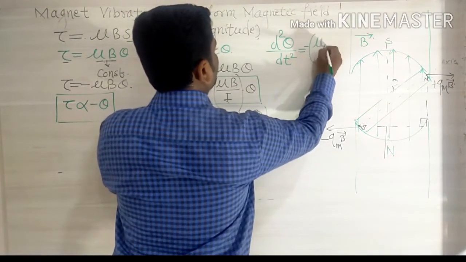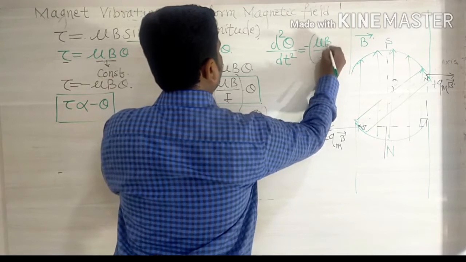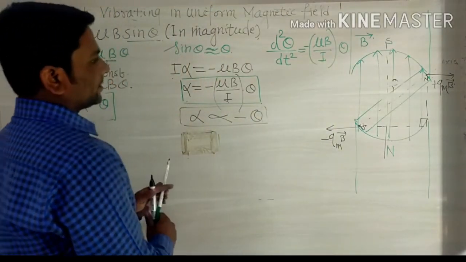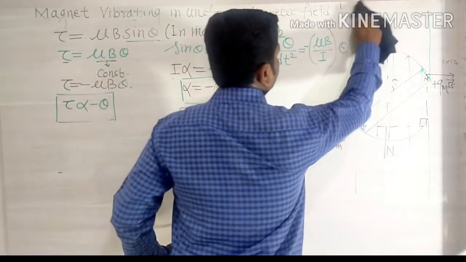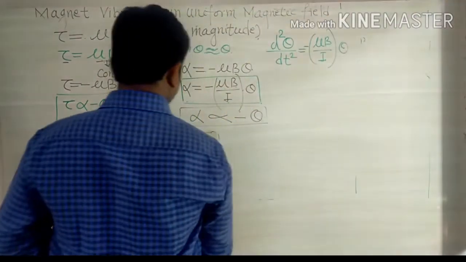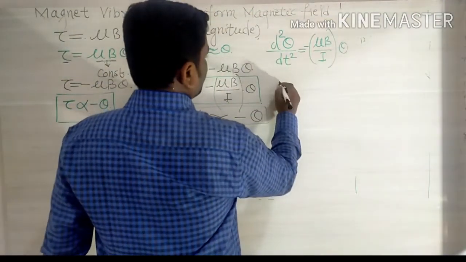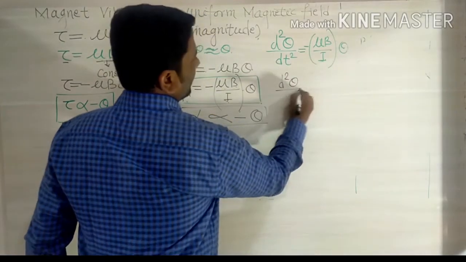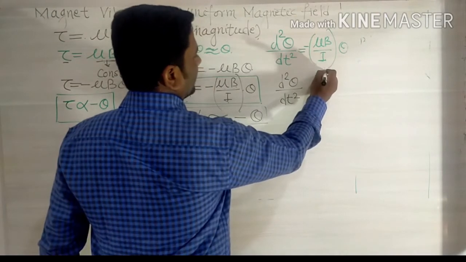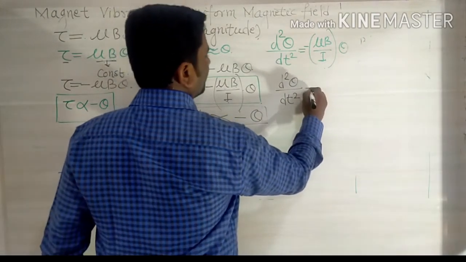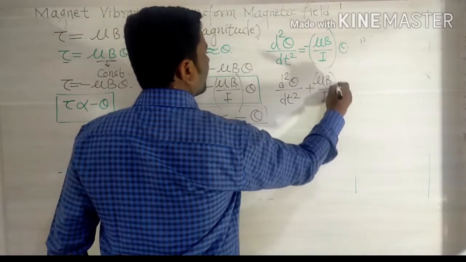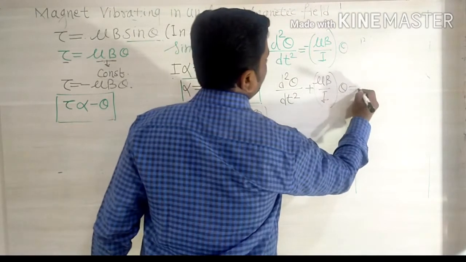Minus mu B upon I into theta. So d square theta by dt square plus mu B upon I into theta is equal to 0.